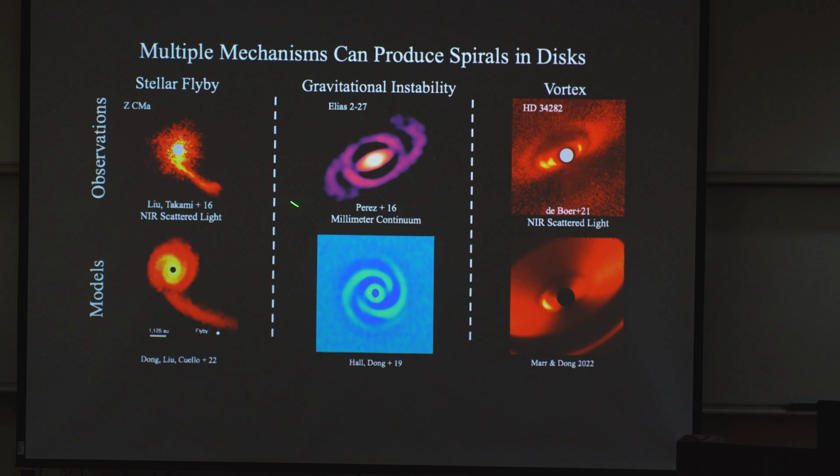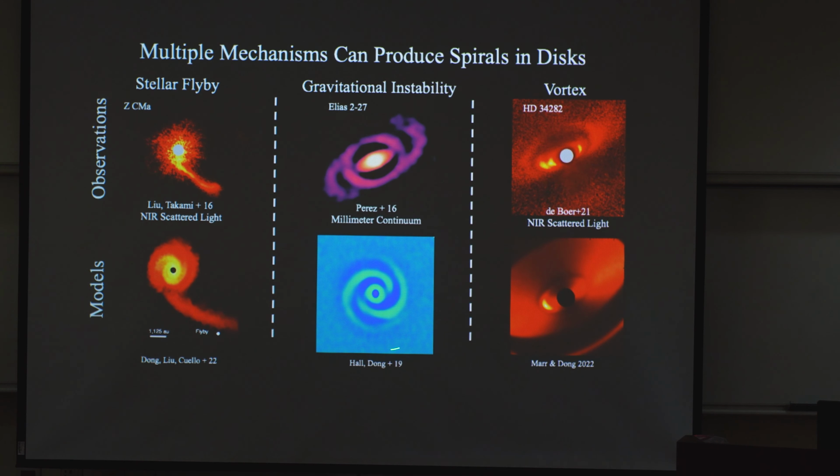The middle panel shows an ALMA observation of a disk called Elias 27. This one shows a ring and a pair of grand design arms. The bottom panel shows a synthetic observation of a gravitationally unstable disk. As we know, GI can produce spiral arms, and if the conditions are right, they can produce m = 2 symmetric arms.